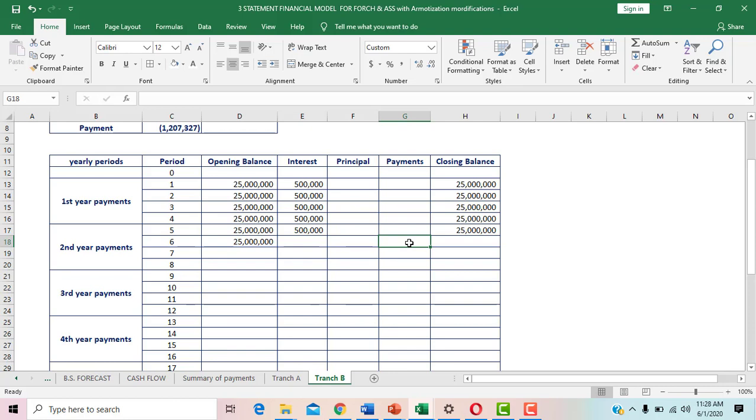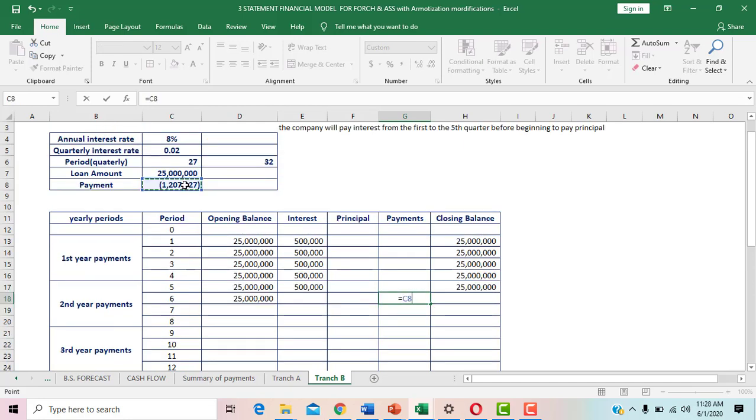So let's extrapolate our payment to be made in the sixth period, which is equal to, we move to the calculation of our payment and we negate that value because we want to have a positive value. And our interest rate is going to remain the same, that is, quarterly interest rate, we fix that, multiplied by the opening balance. And we have $500,000.